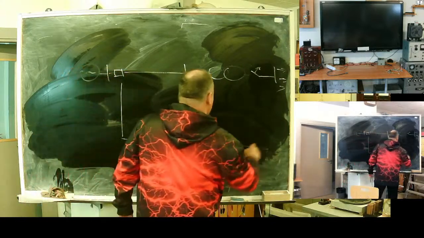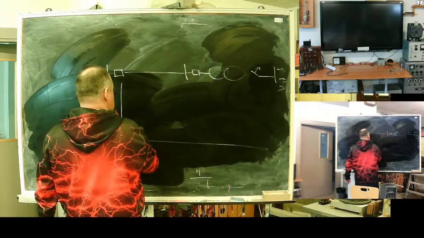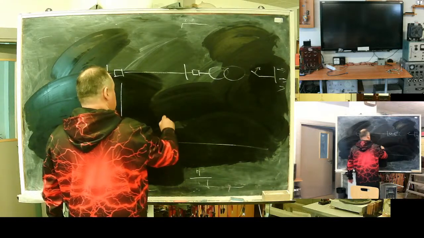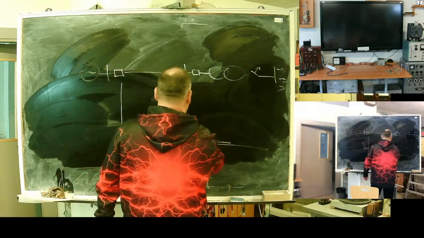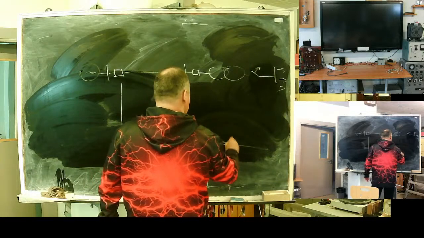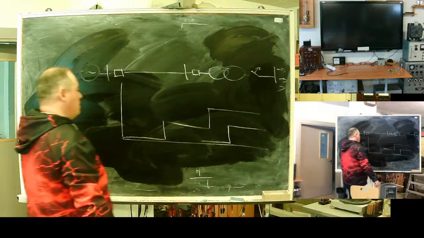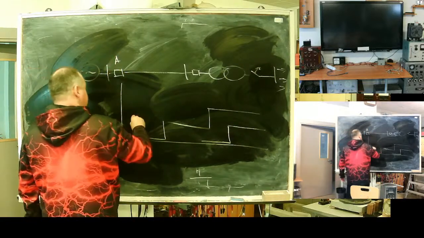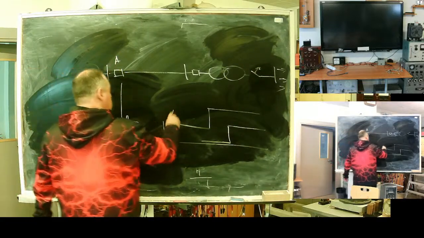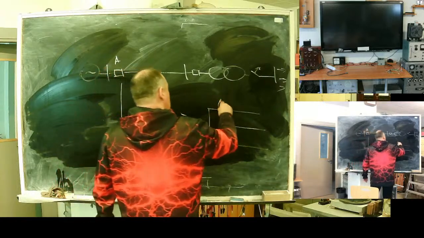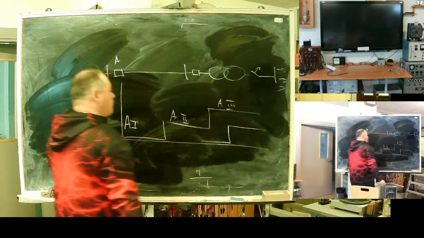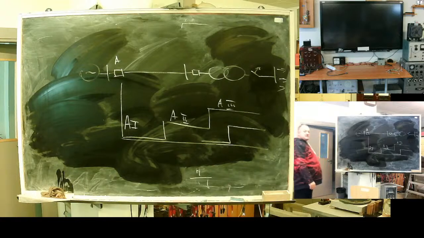In a flat independent scale, we would have something like this. A1, A2, A3. It's a flat current independent, time independent scheme.